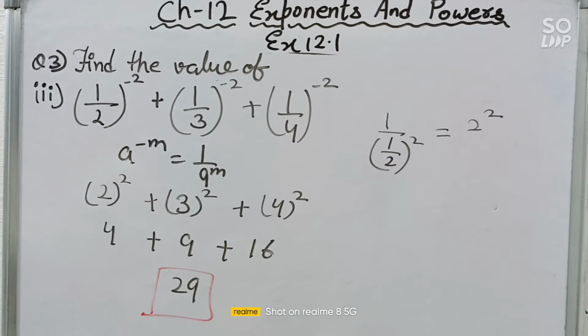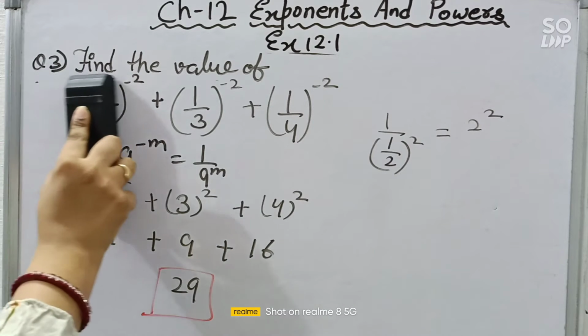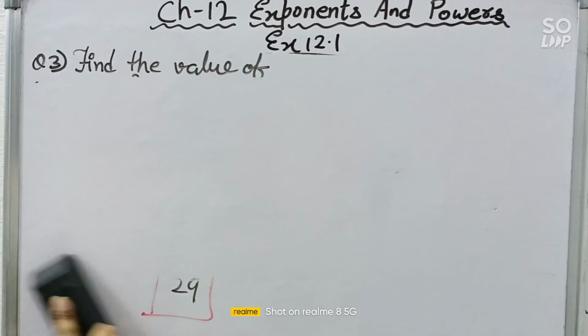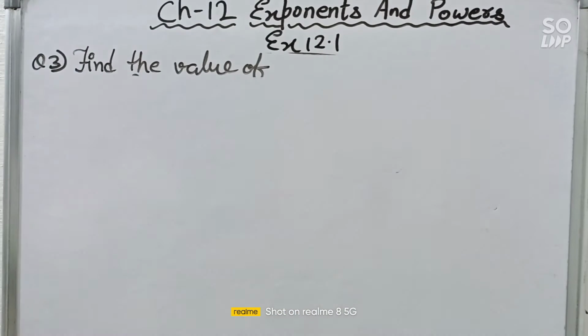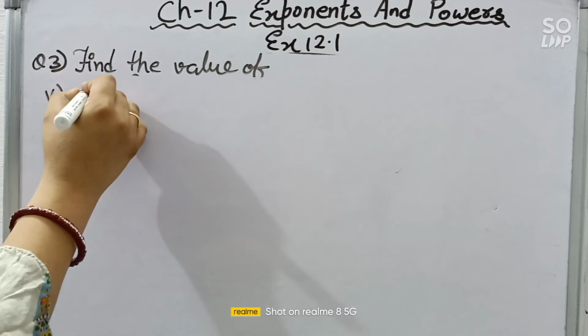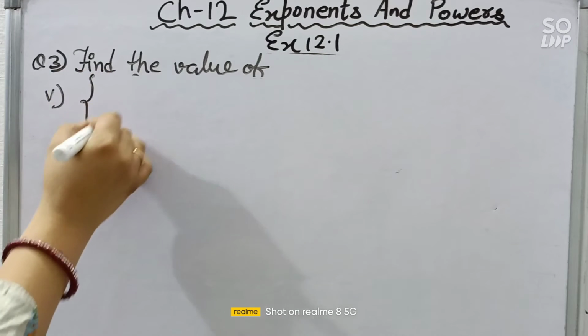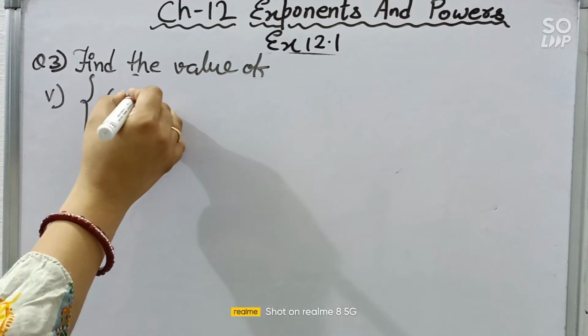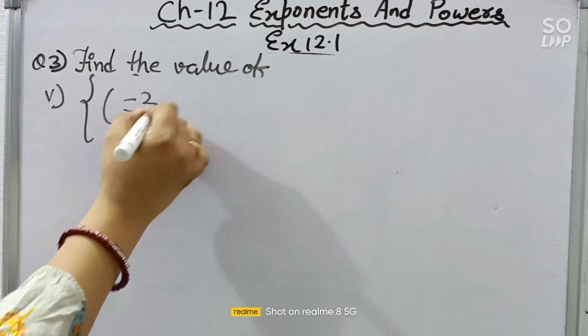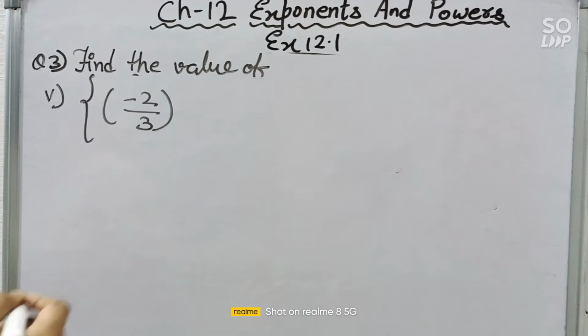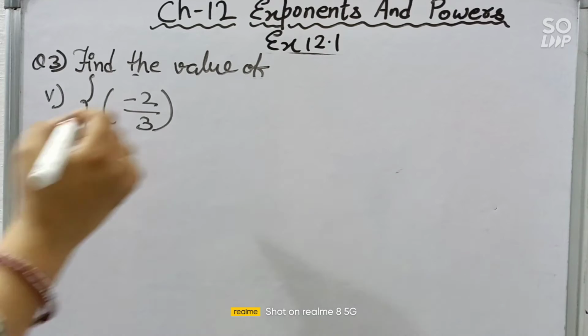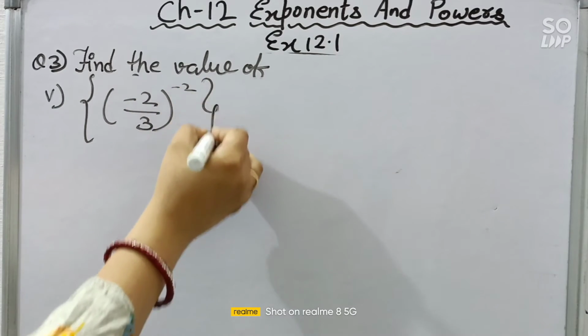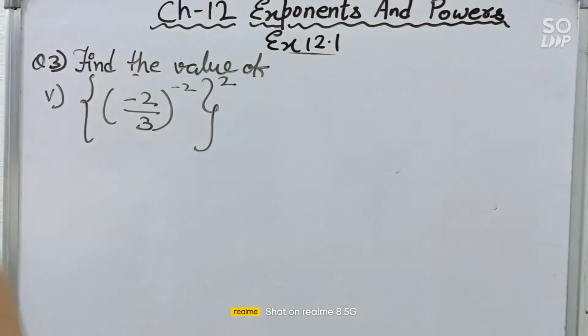Let me explain the last part of this portion and then the rest of the parts you will do yourself. The last part is (minus 2 upon 3 raised to the power minus 2) whole raised to the power 2.